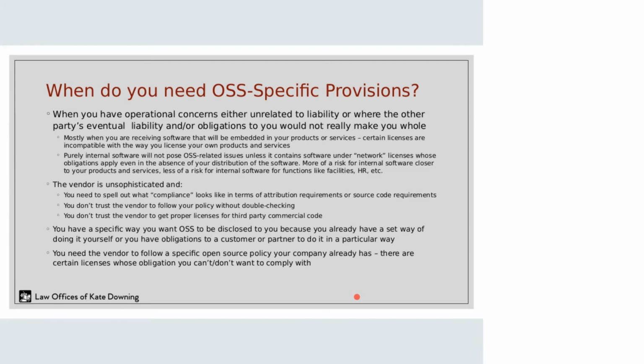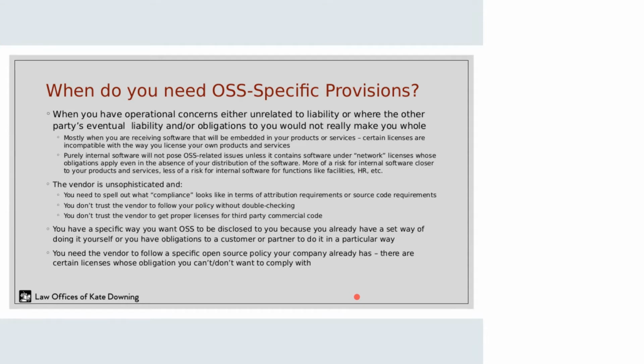Maybe you're undergoing a third-party audit. You have customer-specific requirements that are coming at you from your customers, your partners, or something like that. And your concerns about open source have much more to do with how things are done and making sure that things fit within your process and that they work with your supply chain and all this other stuff. And that's unrelated to liability, right?